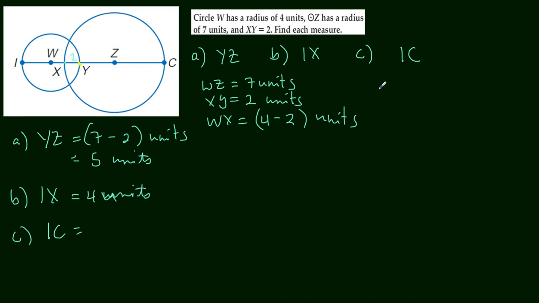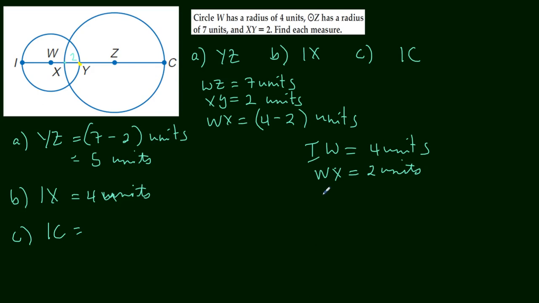So we have IW is equal to 4 units. WX is equal to 2 units.